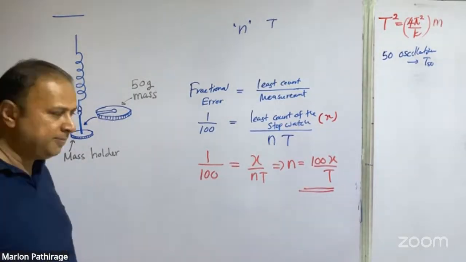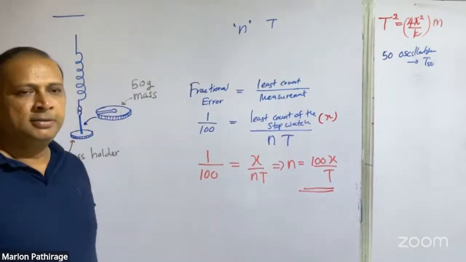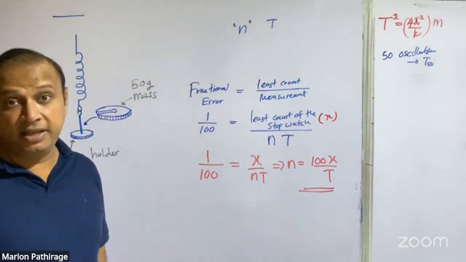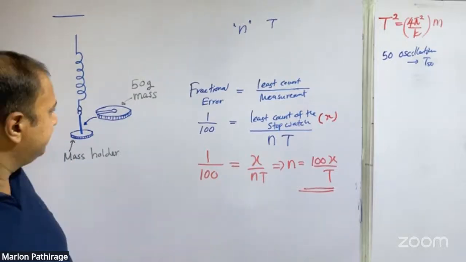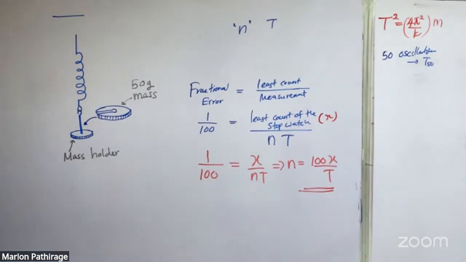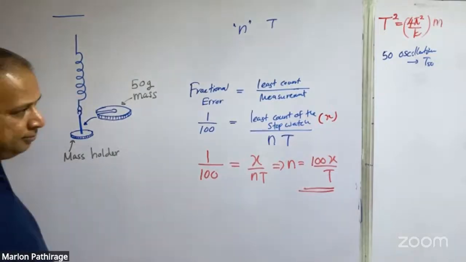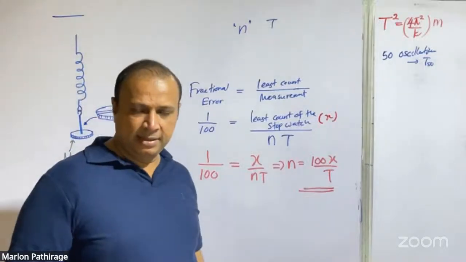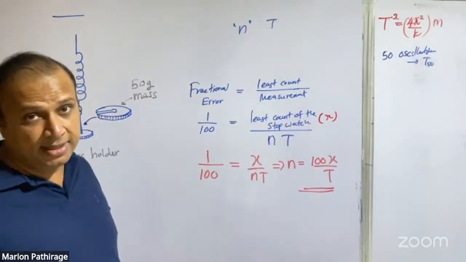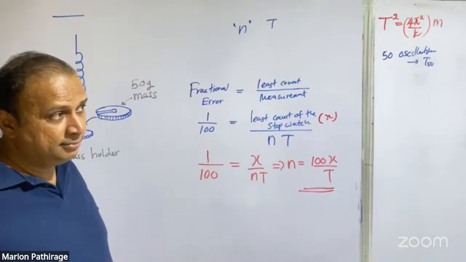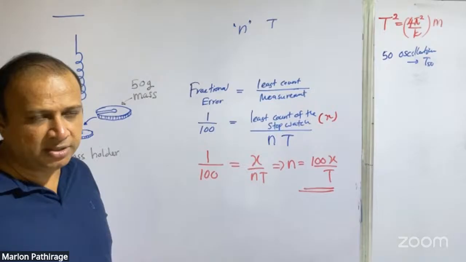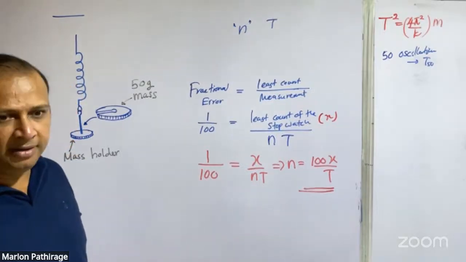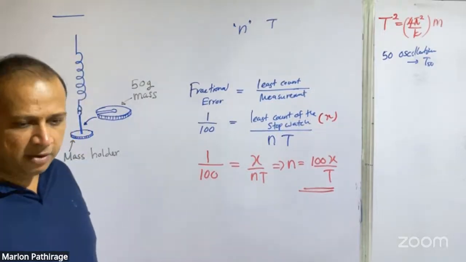Next point is measure the time taken for 50 oscillations, and then determine the period of oscillation.